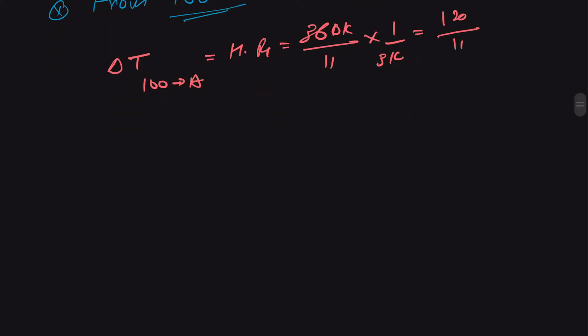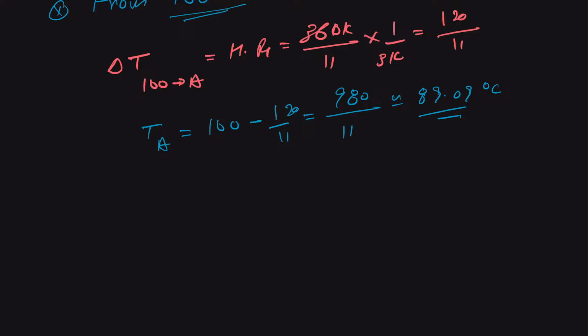Therefore, our TA will be equal to 100 minus 120 upon 11, which will be giving us approximately 89.09 degree centigrade.